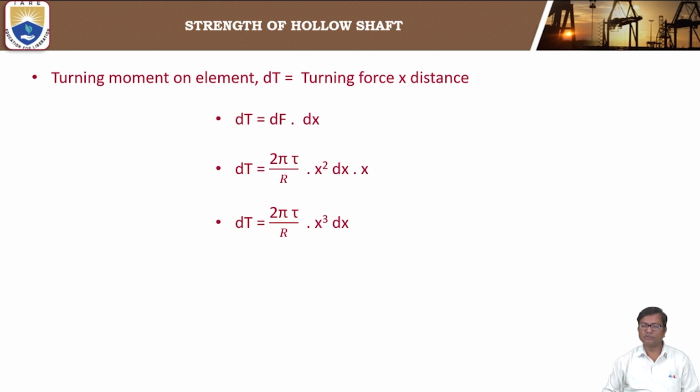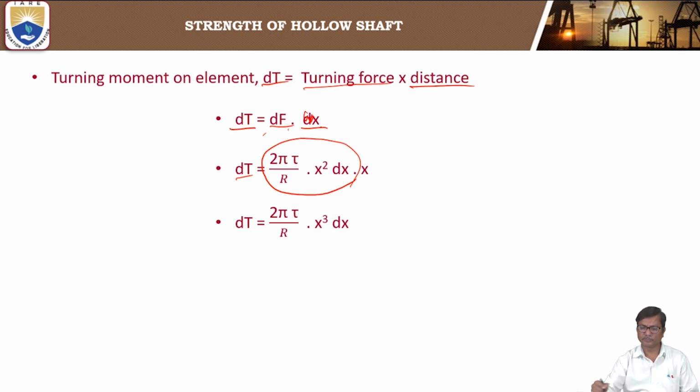Now, due to this, the turning moment about the axis, dT, is equal to the turning force multiplied by the distance of the elementary ring at which we are considering the turning force. So dT is equal to dF into x, not dx.